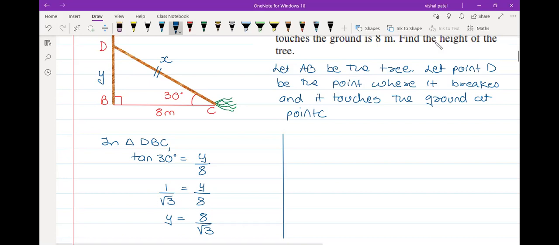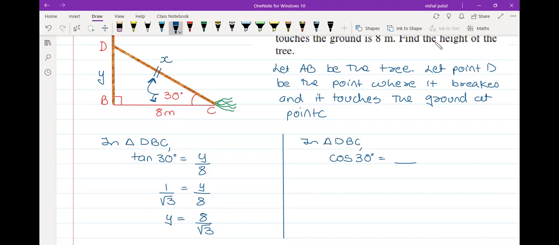Now again see the figure, students. This is hypotenuse, x is hypotenuse and 8 is adjacent. So adjacent upon hypotenuse, or you can call it as base upon hypotenuse, कौन सा ratio होगा? Cos 30. Cos 30, correct.